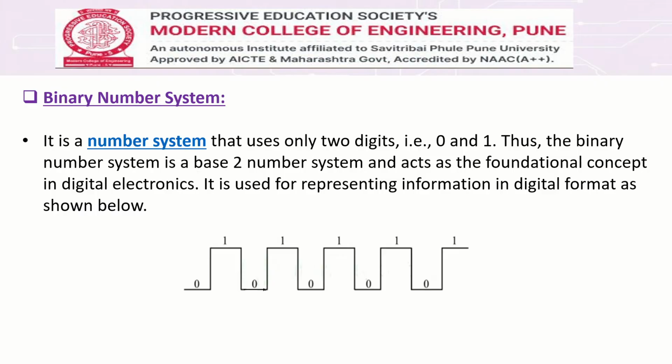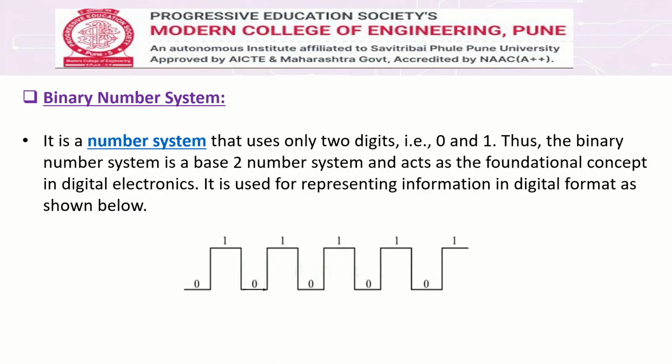Next is the octal number system, whose base is 8. Third is the decimal number system, whose base is 10, and fourth is hexadecimal, whose base is 16. As you go forward in this subject, you will come to know how these number systems are used. In this video we'll focus on the binary number system.